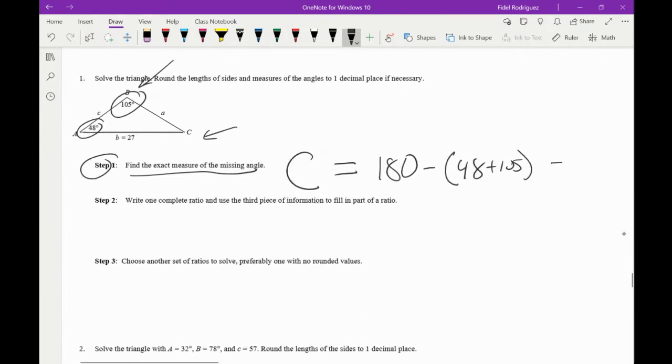So let's see, that's going to be 180 minus, I'm just going to grab my calculator. I'm just using my phone real quick right here, y'all. So let me see. We're adding 48 and 105, and that's giving me 153.